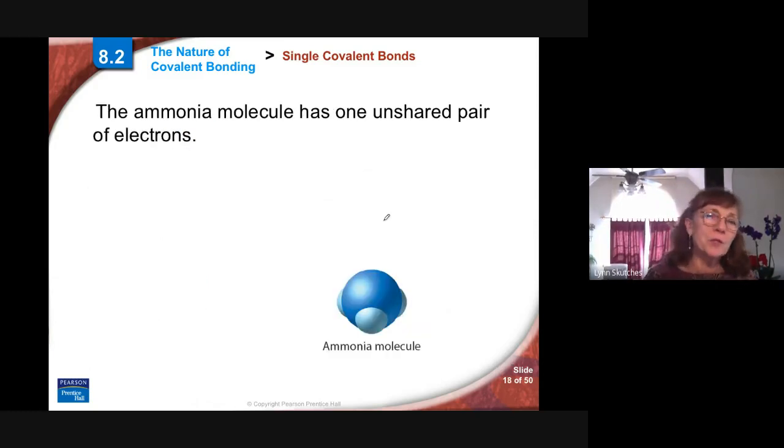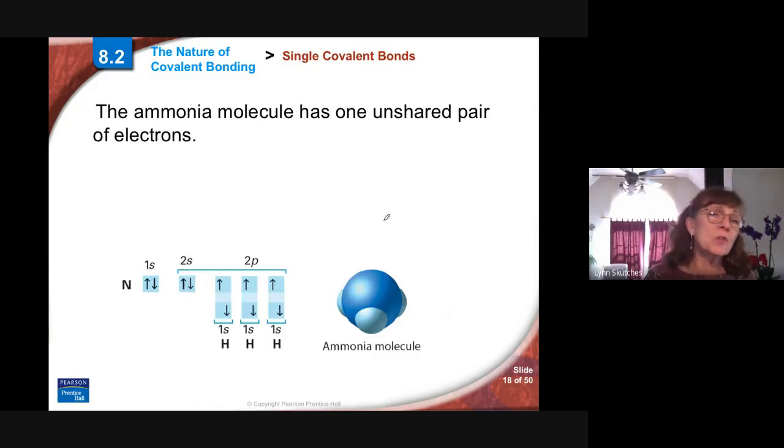I know I've done this already with you, but I'm going to do it again. Ammonia is a super important molecule for mankind. We'll get into the process where people figured out how to split nitrogen molecules in the atmosphere to make ammonia.